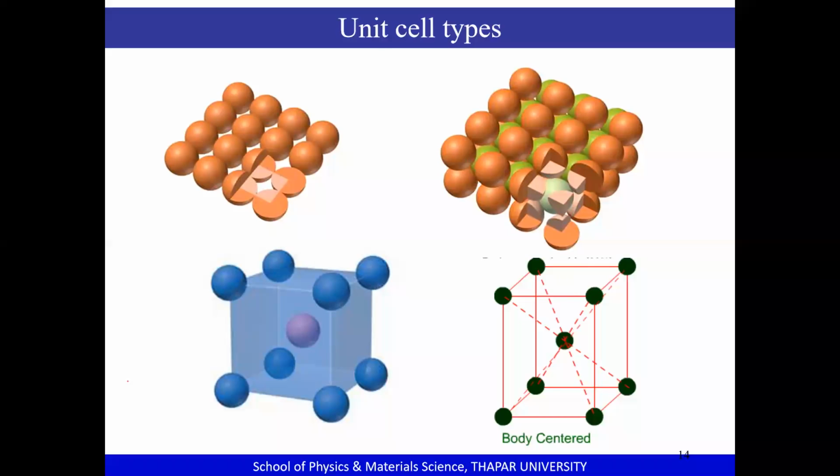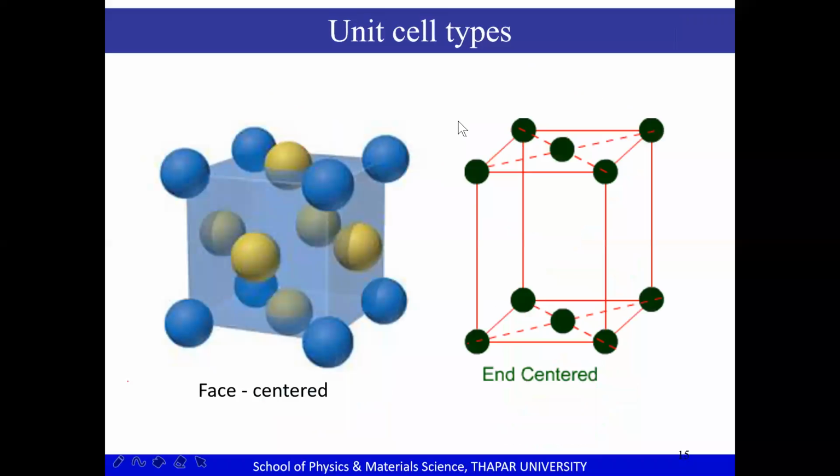If you compute the effective number of lattice points which the body-centered unit cell possesses, all corner atoms contribute 1/8. So 8 corners again lead you to 1 lattice point. So the contribution of the corners is equal to 1 lattice point, while the center is completely within the unit cell.